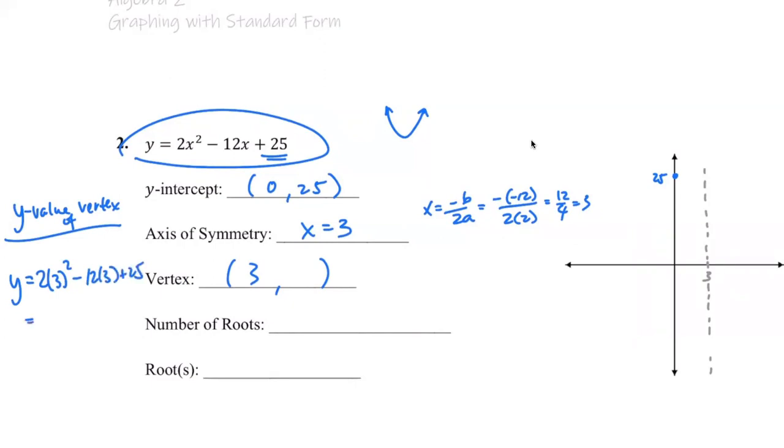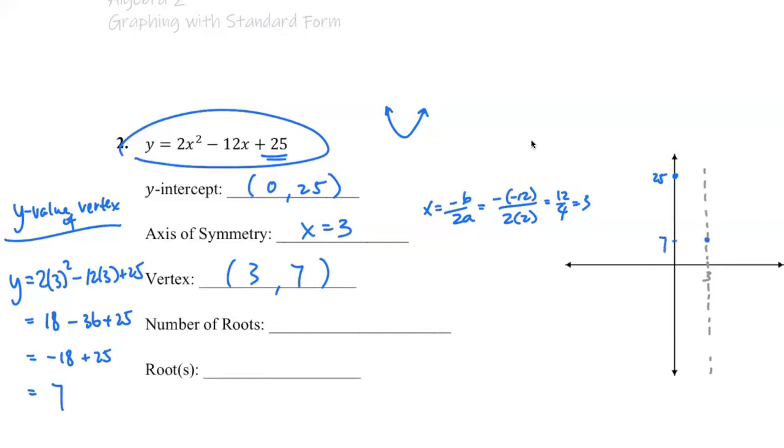And then 2 times 9, it's 18 minus 36 plus 25. And then I've got negative 18 plus 25, which is plus 7. Okay, so (3, 7). So (3, 7), it's right here.